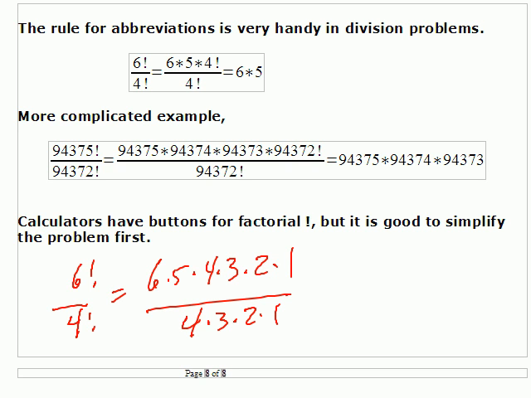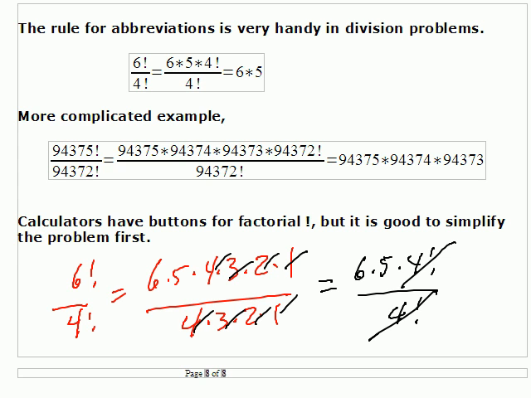Then I can go through here and just cancel, to get 6 times 5. It's not necessary to do this. You can abbreviate. So I could have also written this as 6 times 5 times 4 factorial, and cancel this as one group and get the same answer, and it's correct.